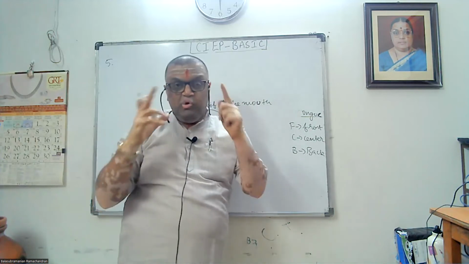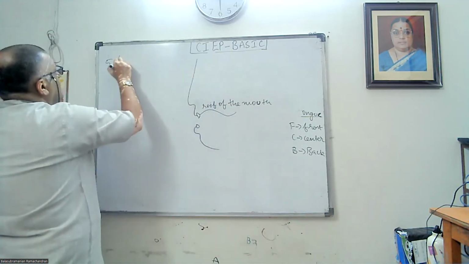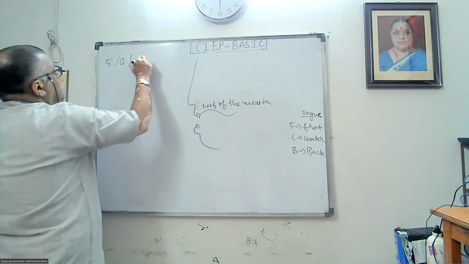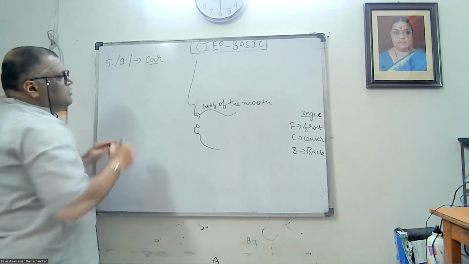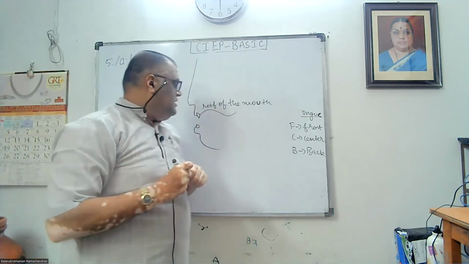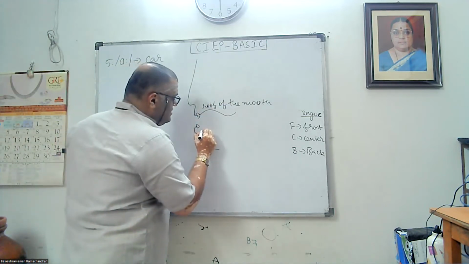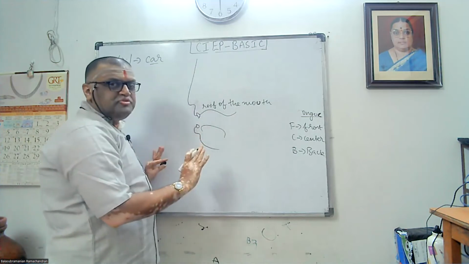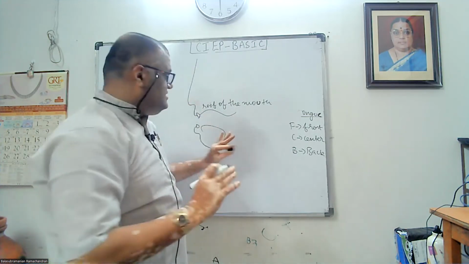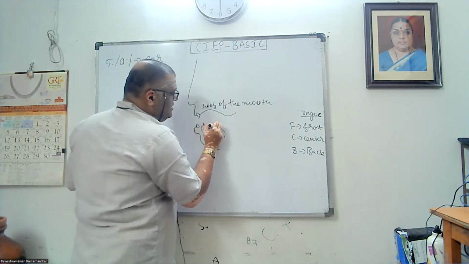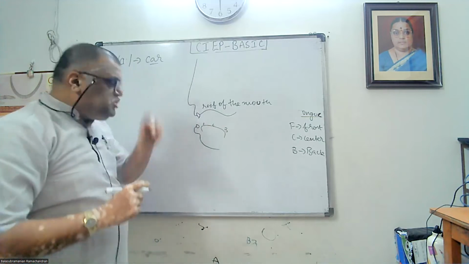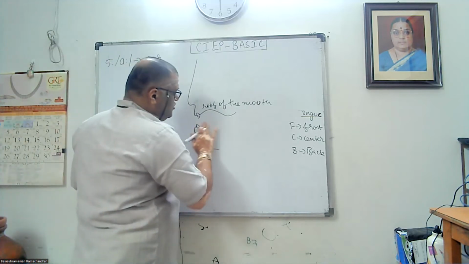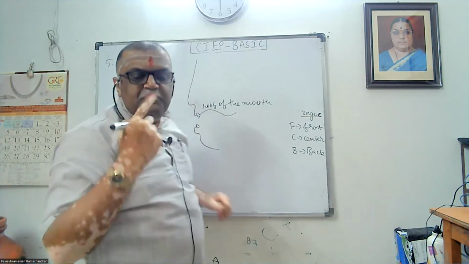Sound number 5, which is a, ka. So this is what happens. This is the tongue in neutral position, at rest. You have the front, center and back. Now let me pronounce it.